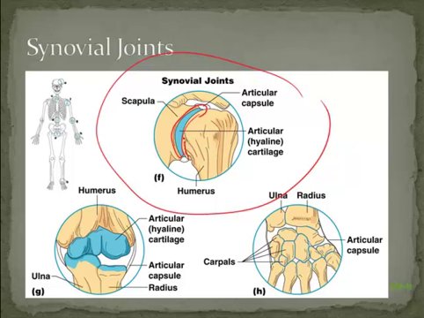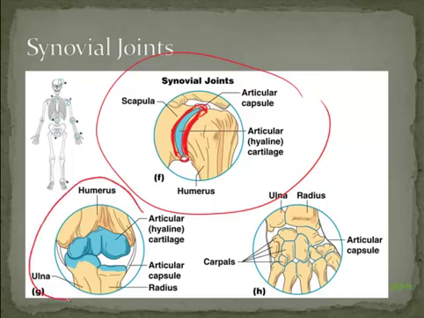As we talked about before, on the ends of all our bones, we're going to have some articular cartilage. It'll be on the end of the humerus, and then we'd have some articular cartilage over here as well. Then we have fibrous tissue and a synovial membrane surrounding that joint. And inside this joint, the synovial membrane is going to be producing fluid and putting it into that joint.